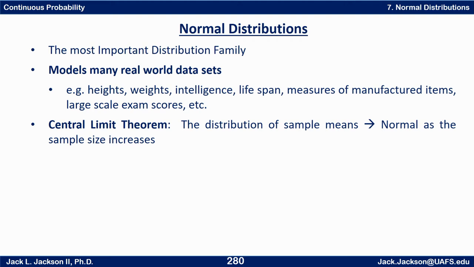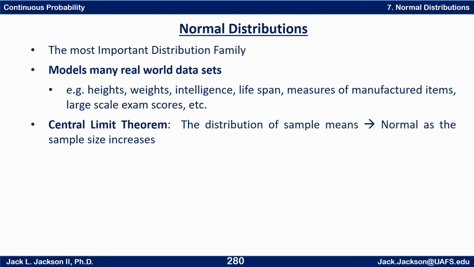Those things have a tendency to follow normal distributions. Exam scores on large-scale exams like the ACT or SAT, and many other examples, have real-world data that can be closely modeled by a normal distribution. So it's very useful in that sense.